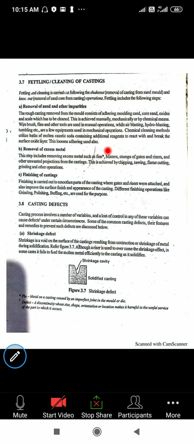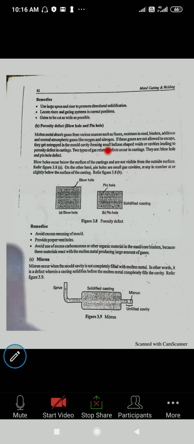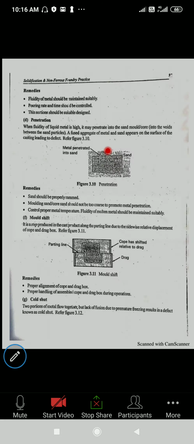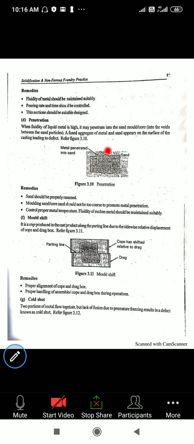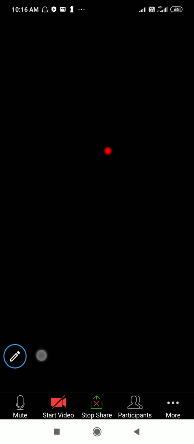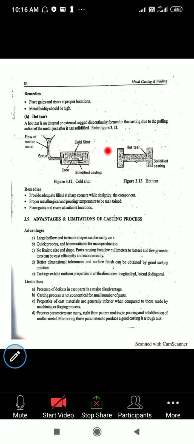Now next are the casting defects. There are so many casting defects that we are going to study, how they are caused, what the remedies are, and how you are going to overcome these defects. First is shrinkage defects, second porosity defects, misrun defects, penetration defects, mold shift defects, then cold shut defects and hot tears defects.